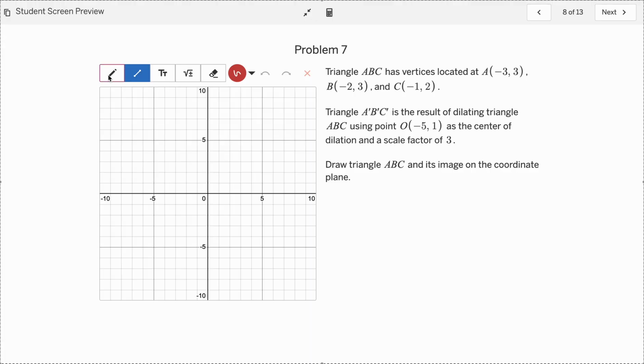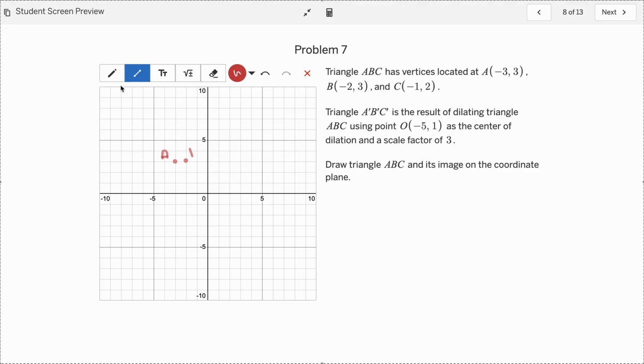So, okay, quickly, if we just plot our points, -3, 3 is A. So I'm just going to write A. And then B is -2, 3, which is right here. So tiny triangle.